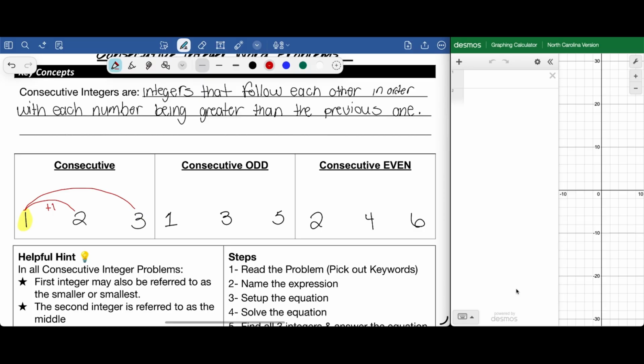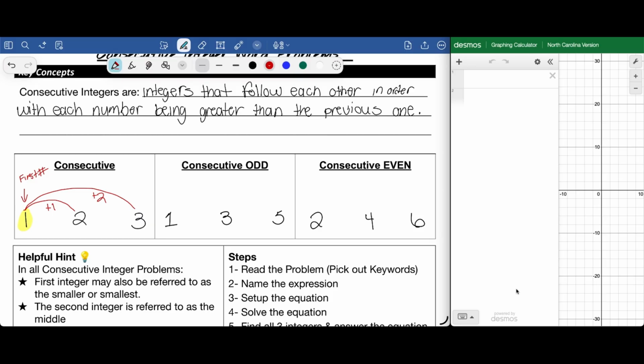I had to add two to it. So when we look at consecutive, this will always be your first number. To get to the second, we had to add one. For us to go from the first number to the third number in our answer, we had to increase it by two.